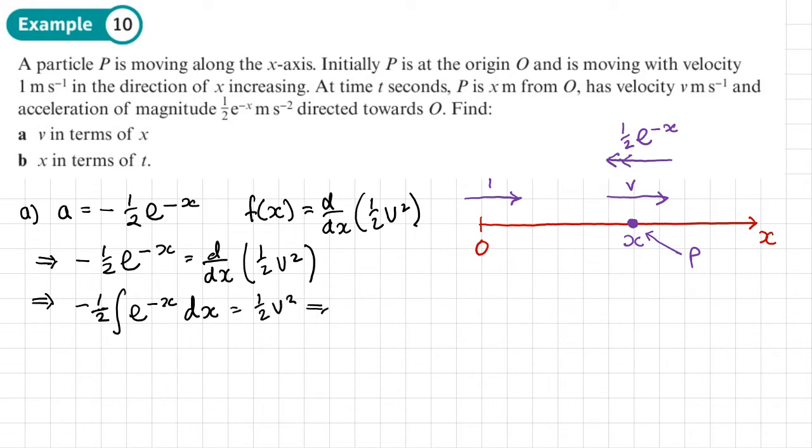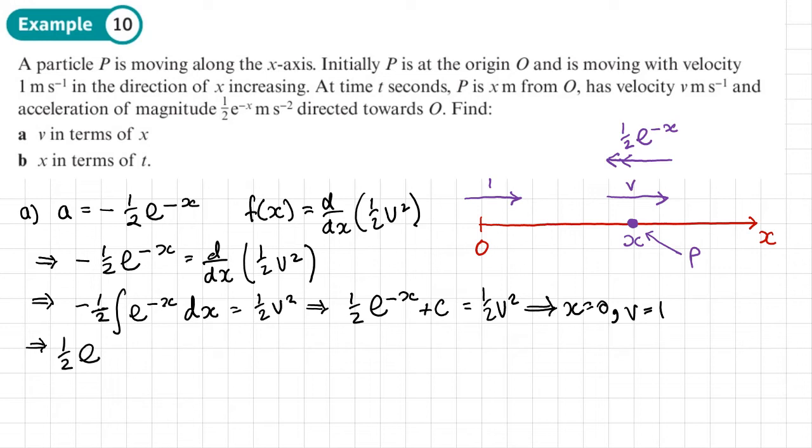Now e to the negative x integrated is negative e to the negative x, so that minus a half becomes plus a half e to the minus x, plus our constant of integration, equals half v squared. How do we work out the constant of integration? Let's use the fact that when x is 0, v is 1. So that gives half e to the power of negative 0.